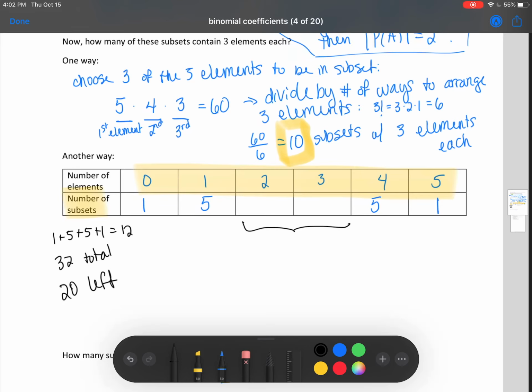So one way to think about this is thinking about the idea of a complement that I mentioned when talking about the subsets with 1 element and 4 elements each.